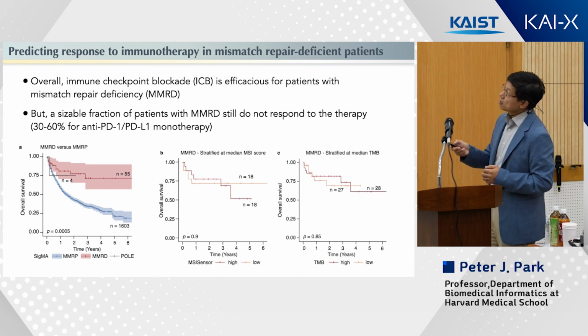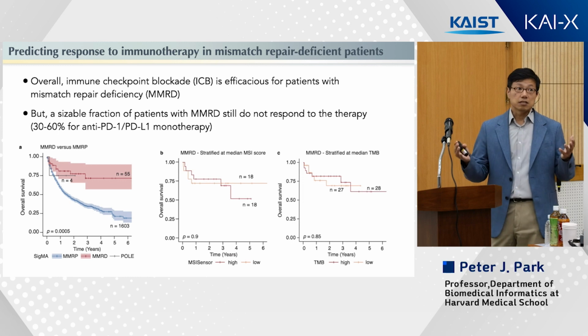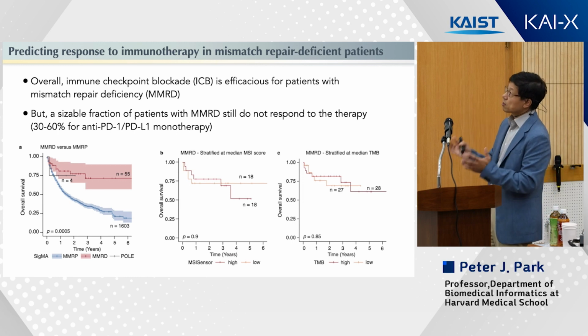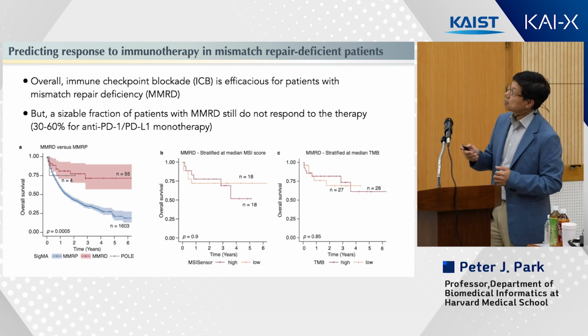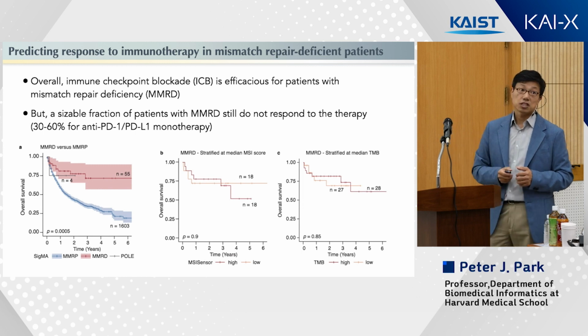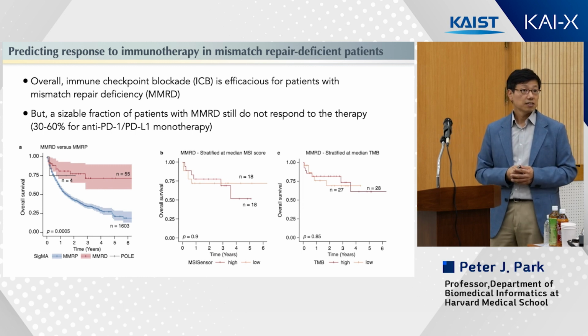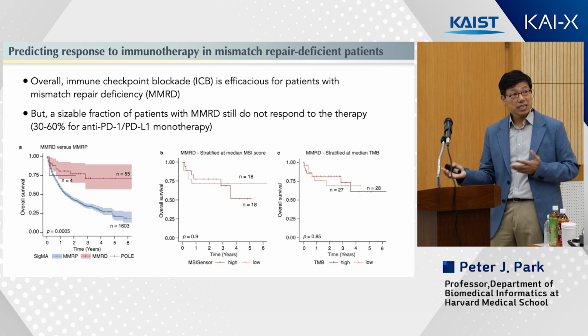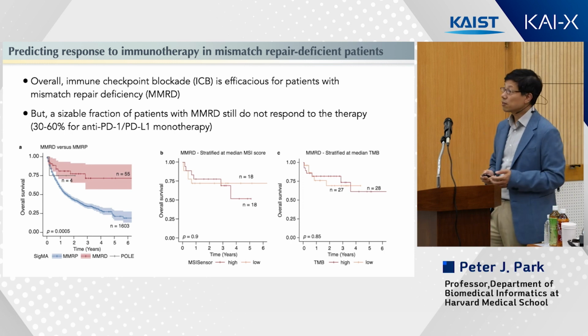So it was a big deal that it works better for MMRD cases. But even then, a large fraction of cases, depending on tumor types, 30 to 60%, do not respond. So it's better than the MMRP cases, but still not very good.